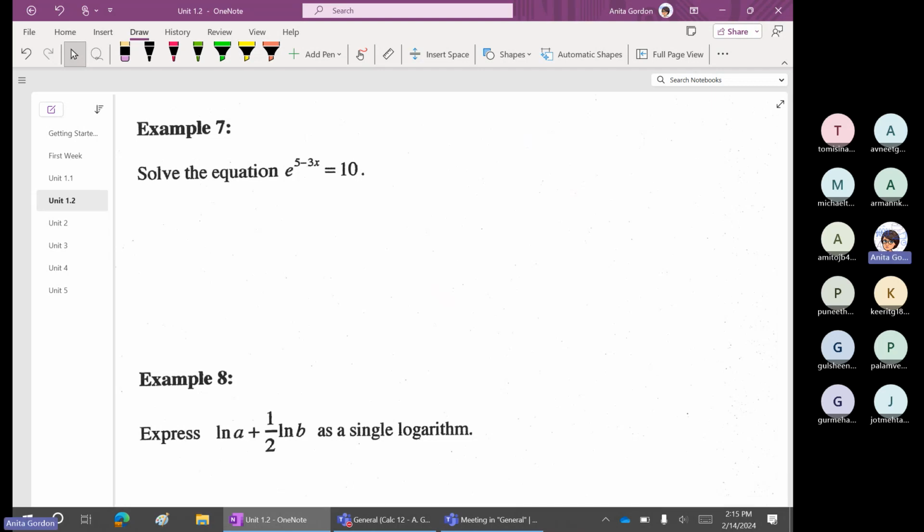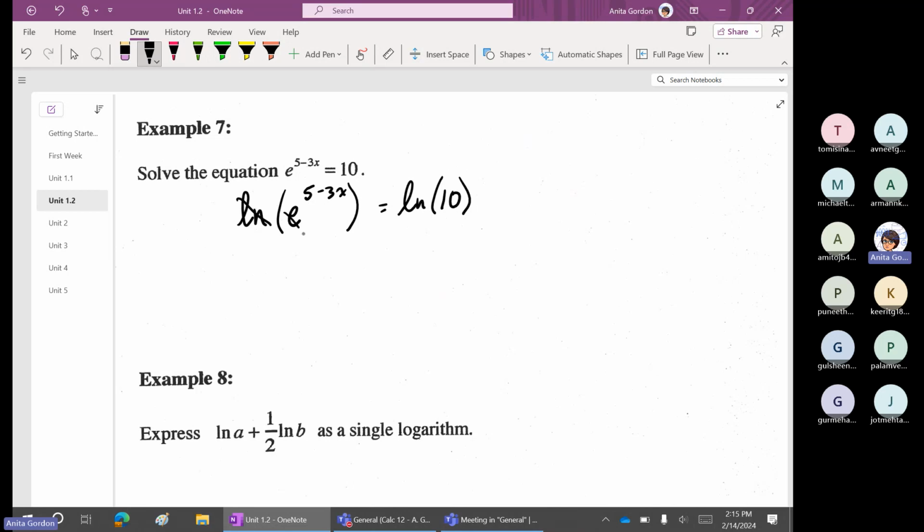e to the power 5 minus 3x equals 10. What would I do? ln on both sides. ln of e to the 5 minus 3x equals ln 10. ln 10 is a number. You're not scared of it. What happens on the left side?